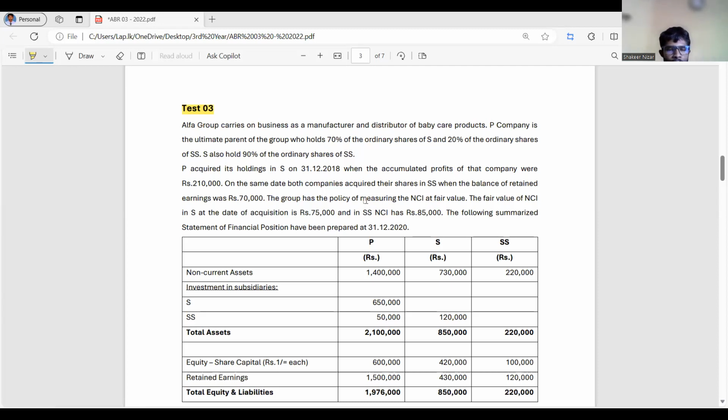The Alpha Group carries on business as a manufacturer and distributor of baby care products. B Company is the ultimate parent of the group, which holds 70% of the ordinary shares of S and 20% of the ordinary shares of SS. And as a whole, 90% of the ordinary shares of SS.